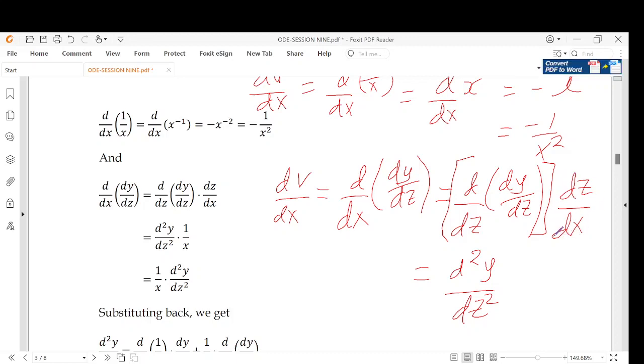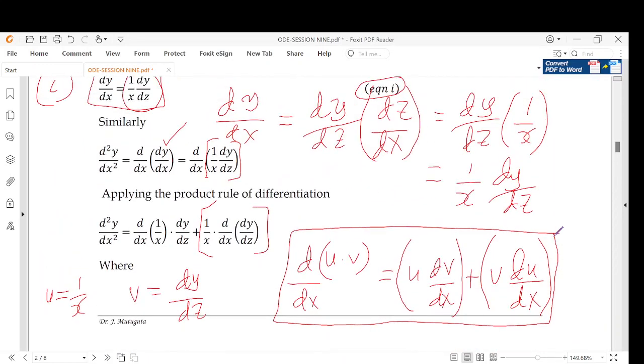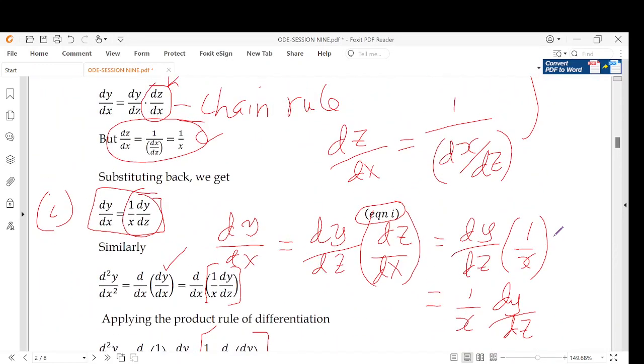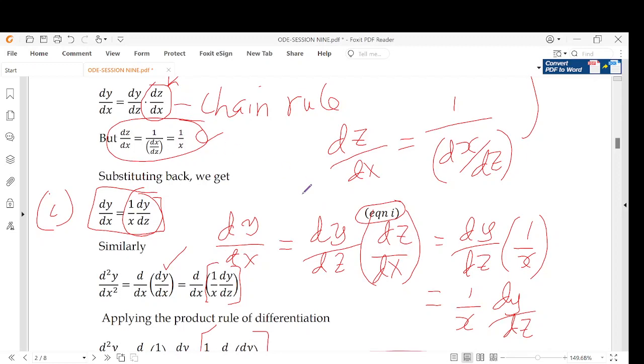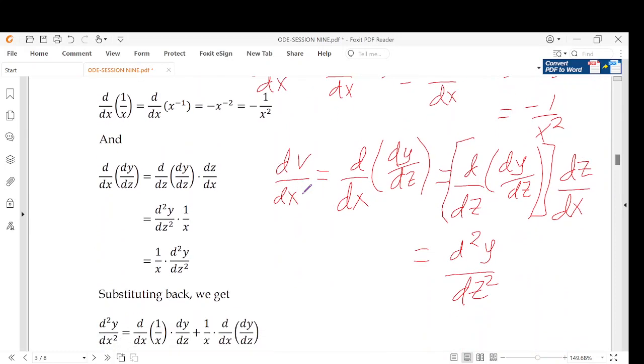We know dz by dx from up here; it is 1 over x. So we can substitute, and we get 1 all over x.